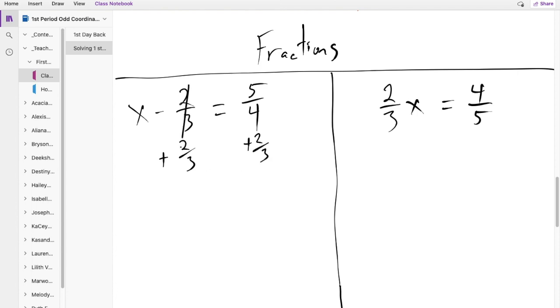So over here, this is going to cancel. A negative 2/3 and a positive 2/3 would give you 0. But on the other side, let's change it into a format we're used to seeing. Instead of this vertical addition, we're used to seeing fractions being added or subtracted horizontally. So we have 5/4 plus 2/3. What we want to do is try to get a common denominator first.